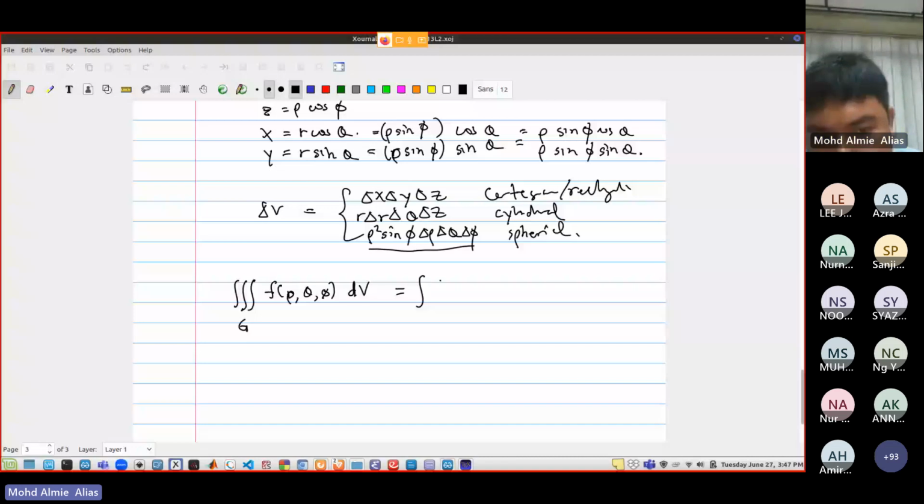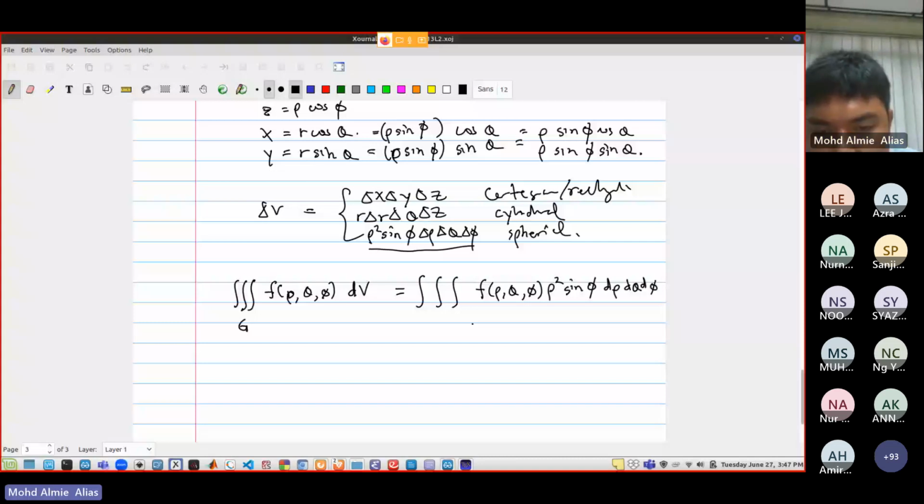You have f of rho, theta, phi, and this is rho squared sine phi, and delta rho becomes d rho, delta theta becomes d theta, and delta phi becomes d phi.